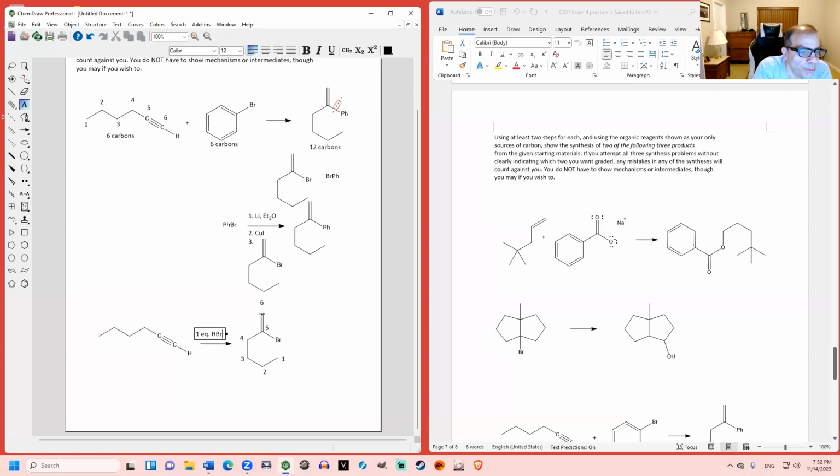And that attaches a hydrogen to this carbon. This is now a CH2, and a bromine to the more substituted carbon. So with that, we have all the information that we need in order to make the compound.